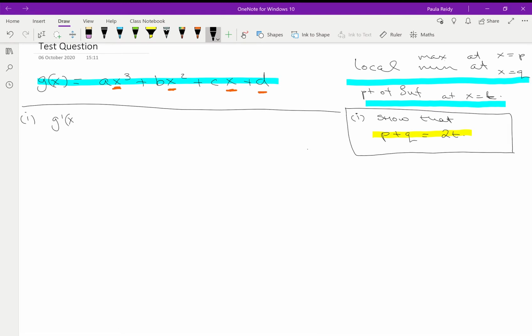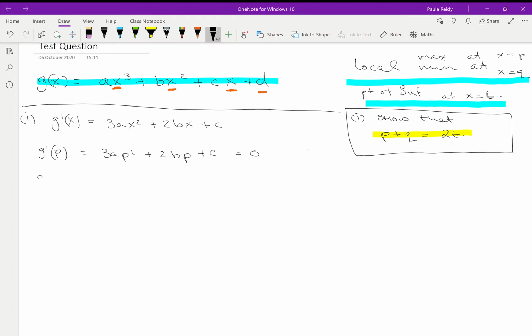Obviously we'd go for g'(x), and we'd clearly get 3ax squared plus 2bx plus c for the first derivative. So I'm going to go g'(p) first of all, and we'd have 3ap squared plus 2bp plus c, and this must equal 0 because this of course is the max.